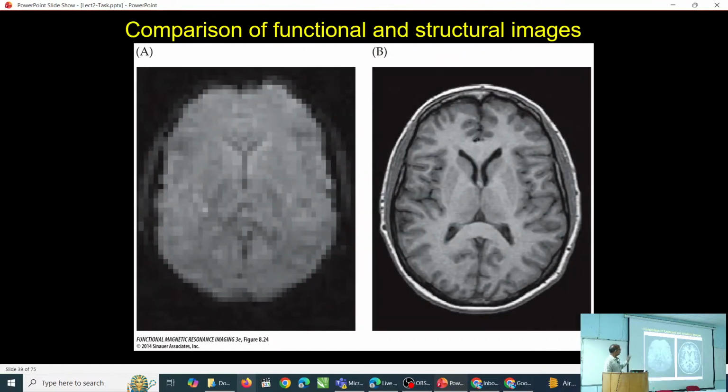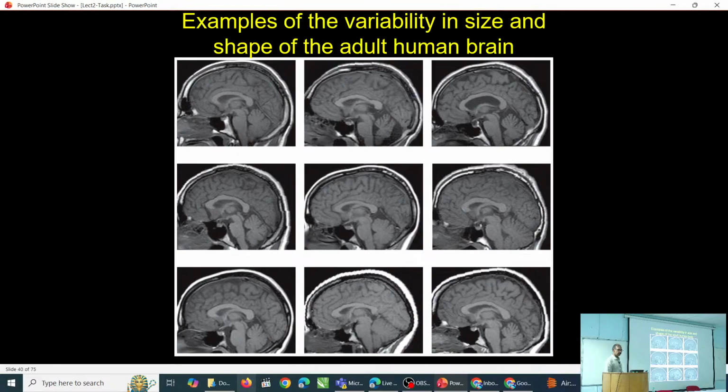Similarly, if this is the functional and this is the anatomical, the functional has more distortion, so you can use the anatomical to do the correction. And this is showing, as was mentioned, that in addition to hemodynamic differences, different people have different head sizes, and even the anatomical feature locations are slightly different.